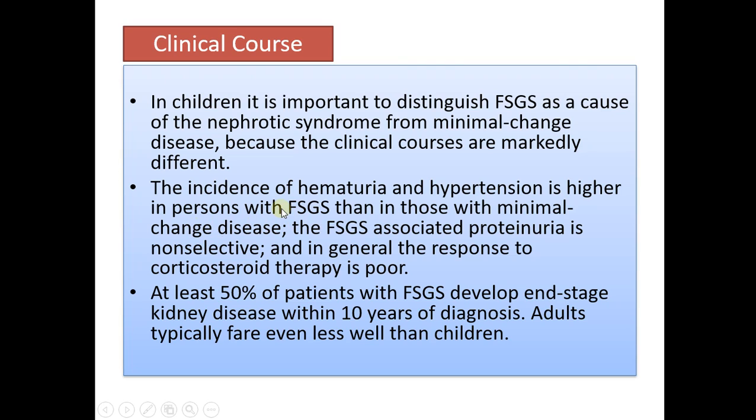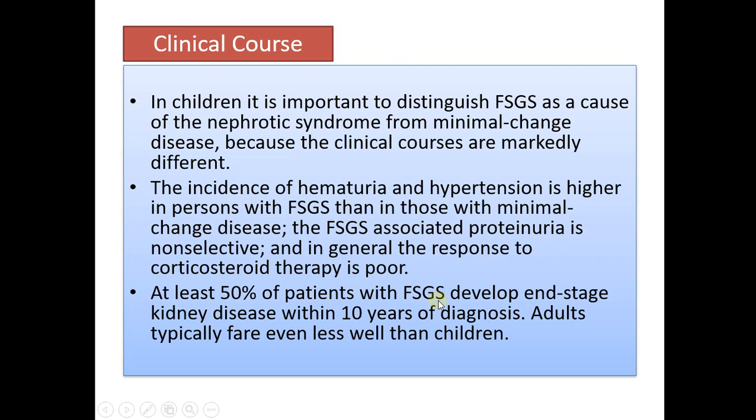In minimal change disease there is selective proteinuria: only albumin is lost. But in focal segmental glomerulosclerosis, the proteinuria is non-selective: in addition to albumin, other proteins are also lost. The response of minimal change disease to corticosteroid treatment is very effective, while in FSGS there is poor or inconsistent response.